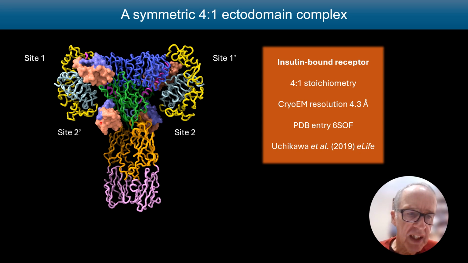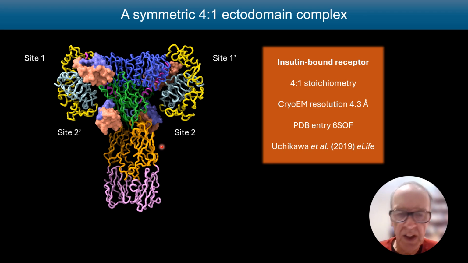So binding here actually frees up this domain to enable it to capture a further insulin molecule that will bind tightly to the receptor and affect the overall structural transition that occurs in insulin.